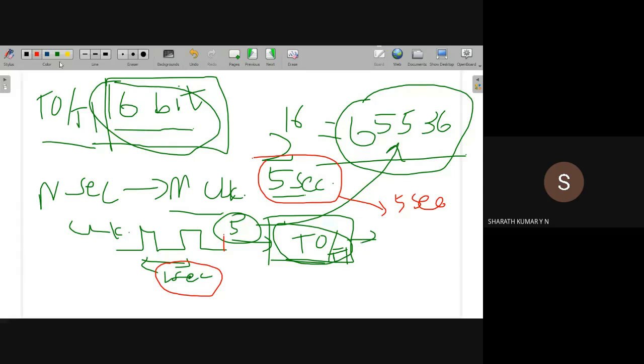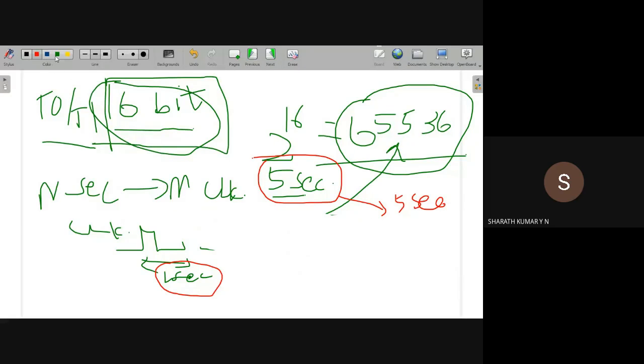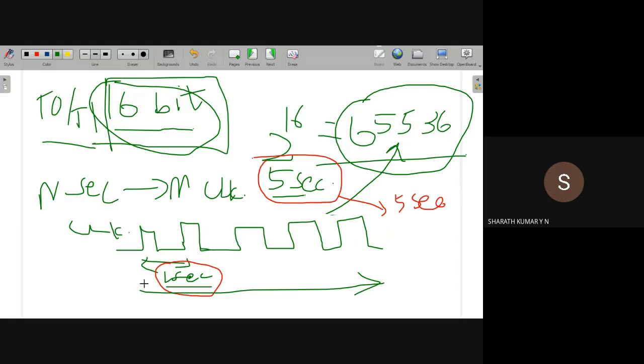There are five clock pulses, each with a duration of 1 second. When 5 clock pulses are counted, the total time is a 5-second delay.